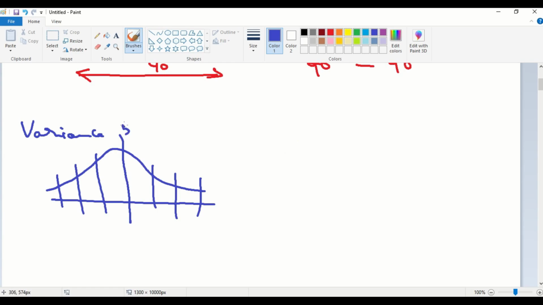So the formula for this is, suppose we have mean as 5. We take mean 5 like this. We are taking 2 points. One is 7 and the other one is 4. The difference between 7 and 5 is 2. The difference between 4 and 5 is minus 1.